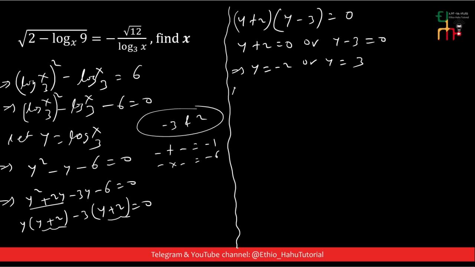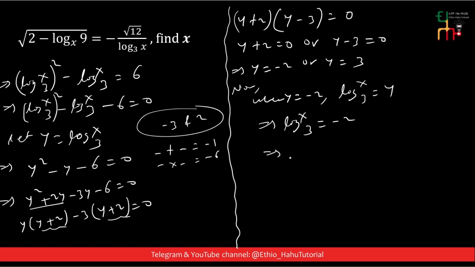Now, when y is equal to minus 2, logarithm of x to the base 3 is equal to minus 2. This implies x is equal to 3 to the power of minus 2, which is 1 over 3 squared, equal to 1 over 9.